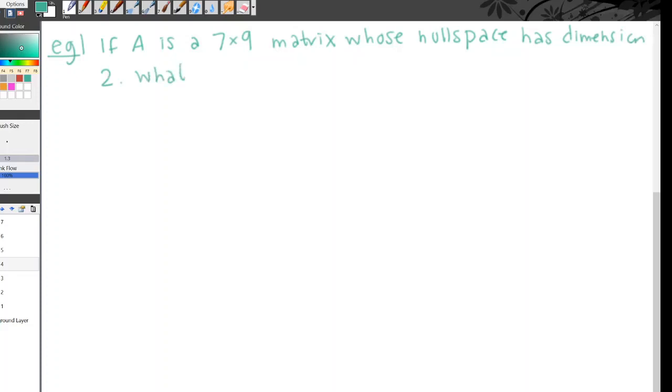And so the question is, what is the dimension of the span of its columns? So this is basically a direct question of applying the rank nullity theorem.